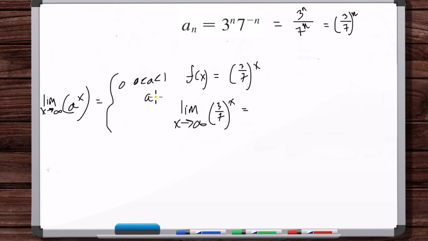If it's equal to 1, the limit is equal to 1. If it's greater than 1, it's infinity. And we talked about this when it came to sequences, like if we have a sequence that's r to the n. In fact, we don't even need to use this theorem here.